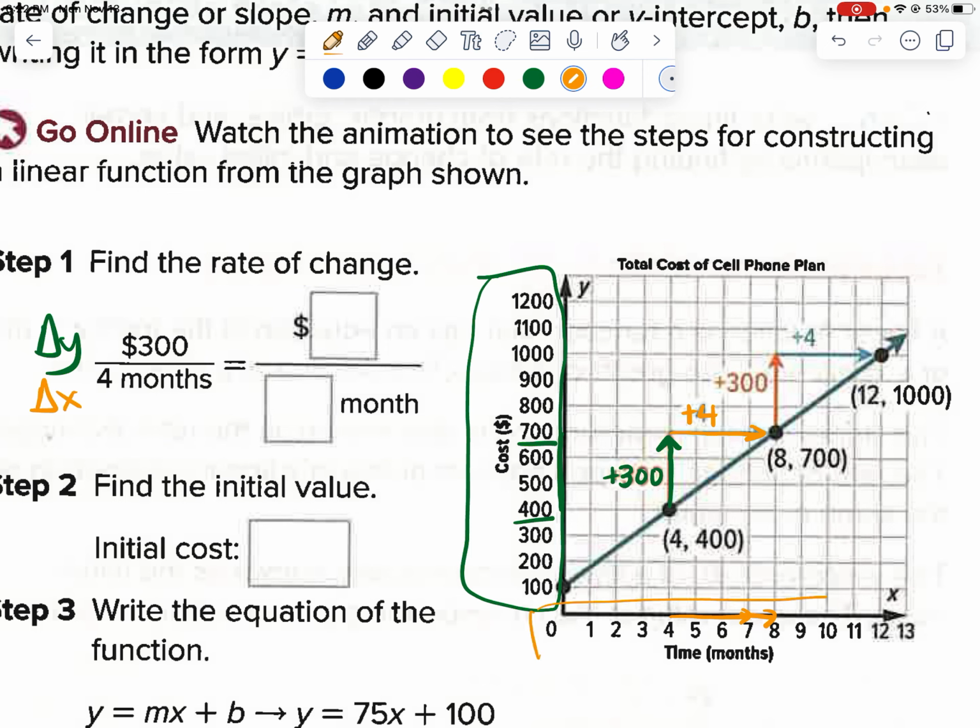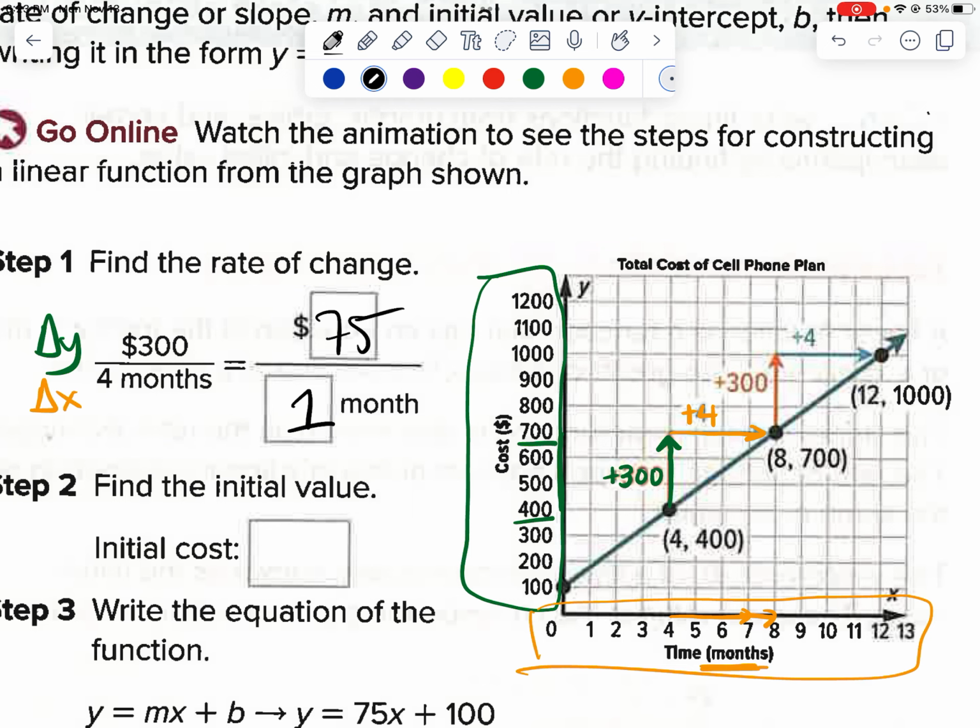That's these numbers down here, and it's talking about months, in 4 months. So if you were to use your calculator and take 300 and divide that by 4, you would get $75 per 1 month.